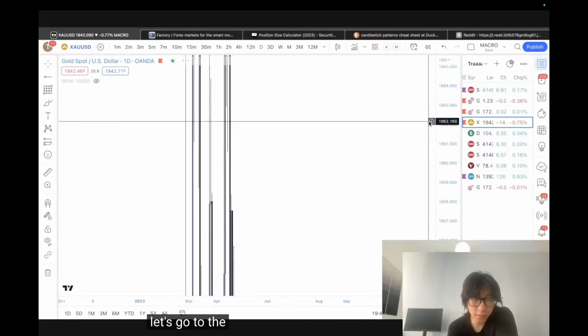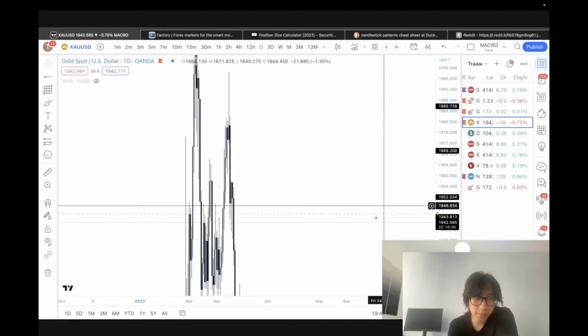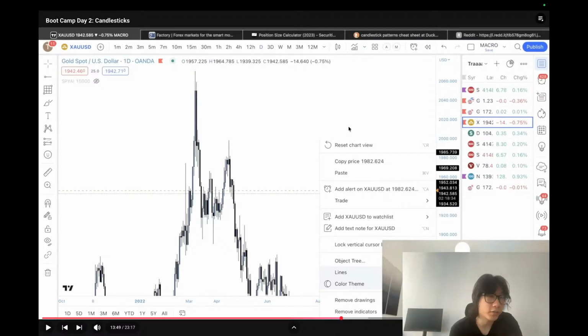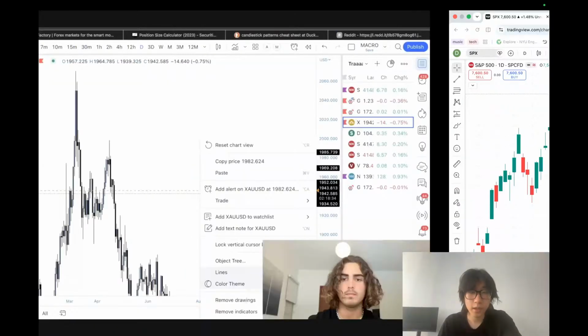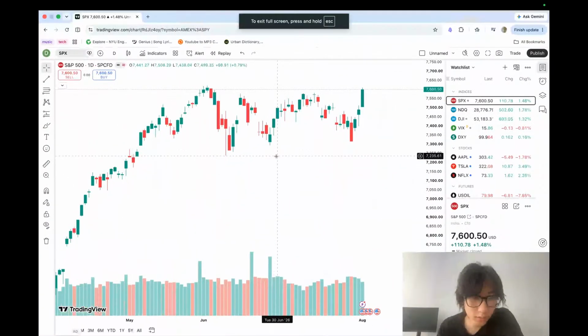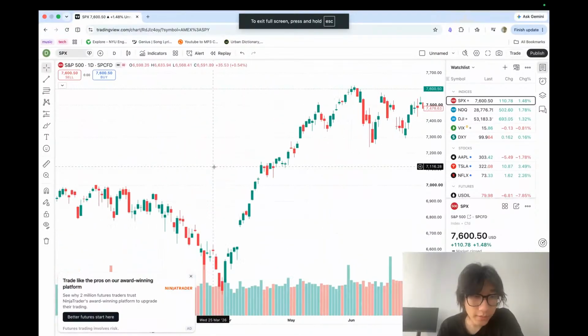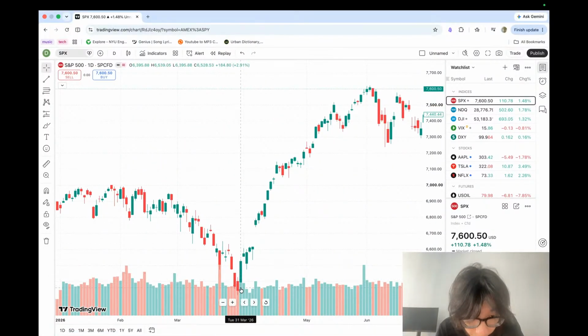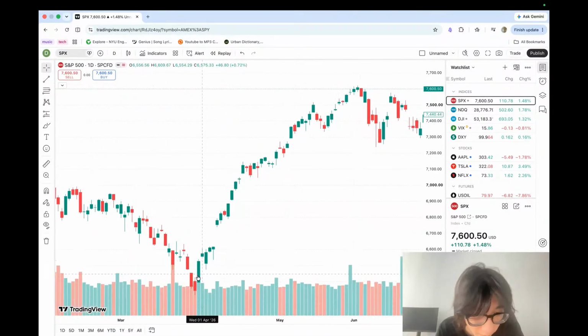Let's go to the daily. I think if there's a big twist, you can always find a doji. Let's see if that really works. Okay, it's a big twist. Oh, that's strange.